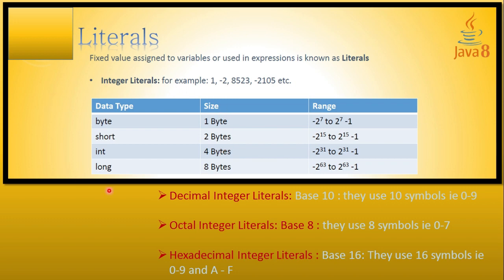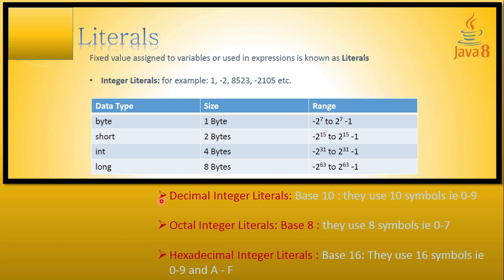I am not going to discuss this one because this topic is given in the next section. I am only discussing the numbers. When you write int a is equal to 15, that 15 is the integer literal. That part only I am discussing. So integer means the constant can be any number without a decimal point.